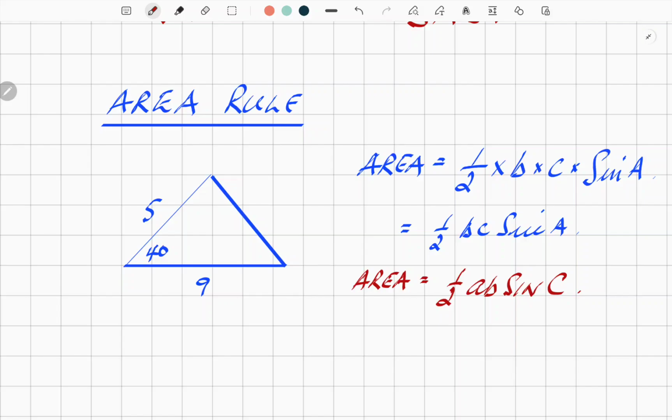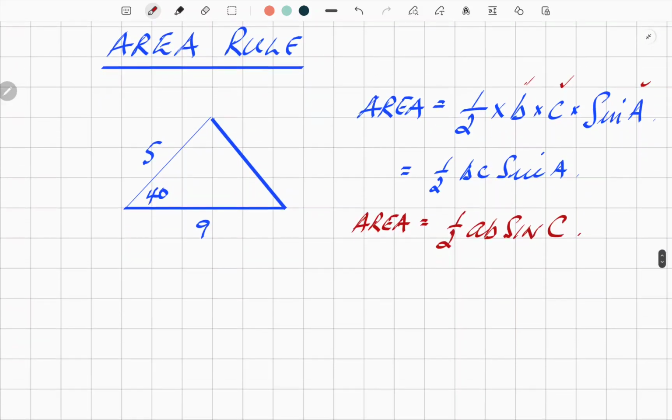Okay. What I'm trying to demonstrate here is it doesn't matter which way you write it, as long as you have two sides like that and the angle between them. That's the rule that you need to follow. It doesn't matter what you label it as. All right. So in this case, the area of this triangle is going to be half times 5 times 9 times sine 40.